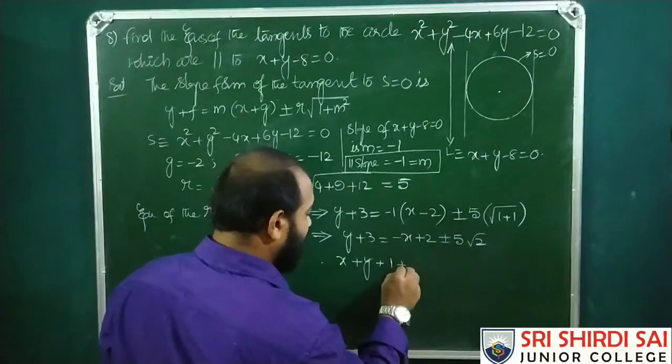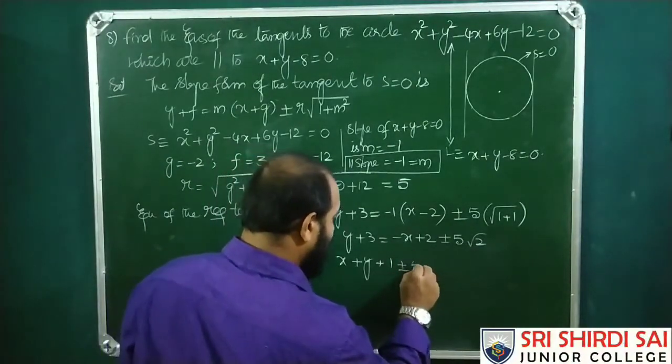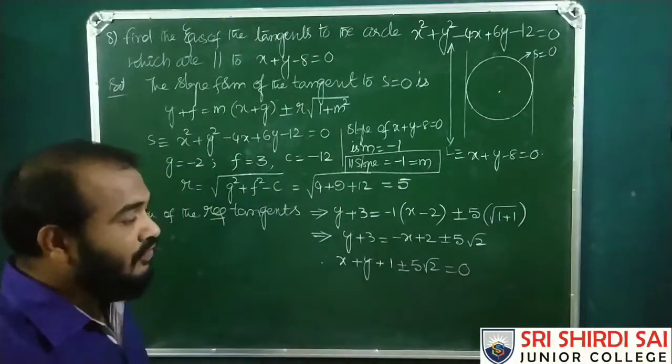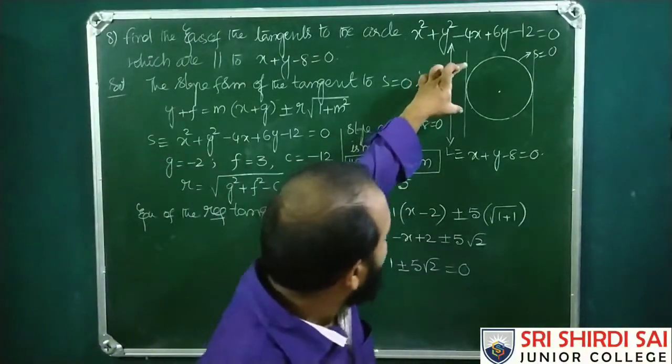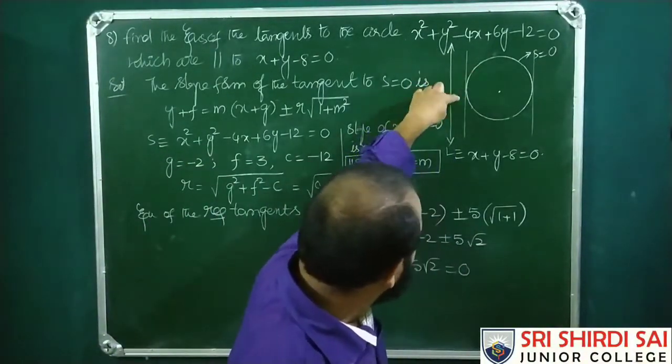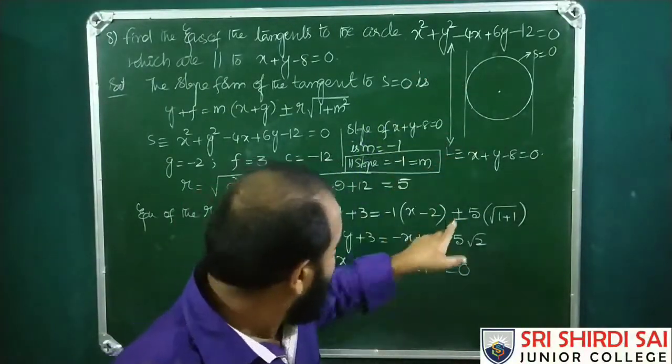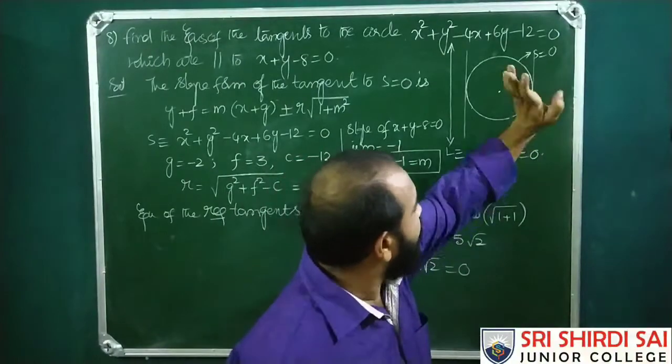There is no change if I write plus or minus as well. One tangent is this, if I take plus 5√2, this line. And if I take minus 5√2, that is this line.